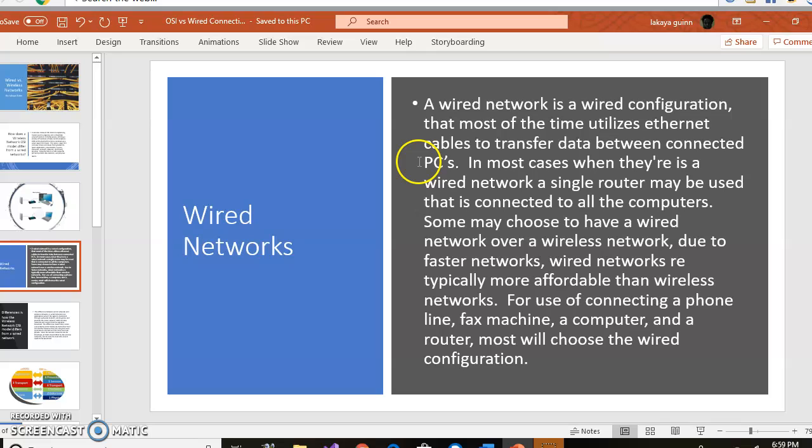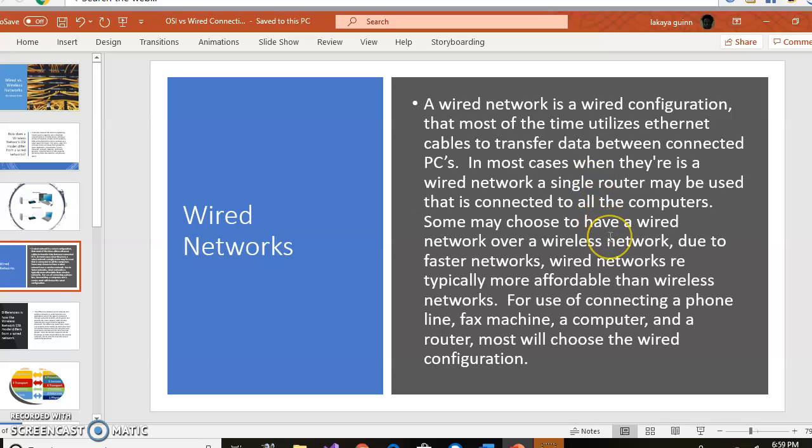Wired networks are typically a little bit more affordable than wireless networks. The good thing about a wired network is you can have multiple PCs run on one router.